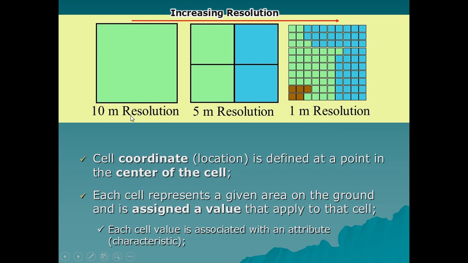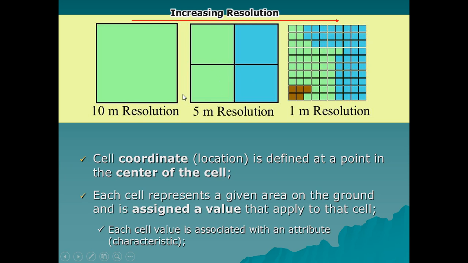Note, with the 10 meter resolution, the colors represent the level of detail that you can get. In other words, numbers of features you can identify. So the 10 meter, you can only identify the green feature. With the 5 meter, you can now identify 2 features, the green and the blue.